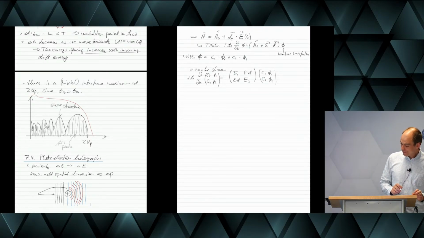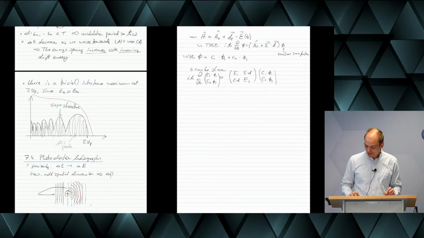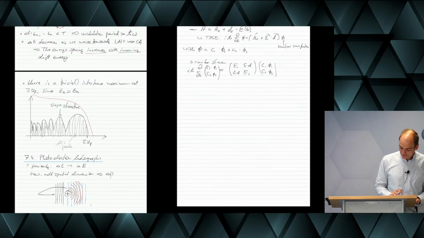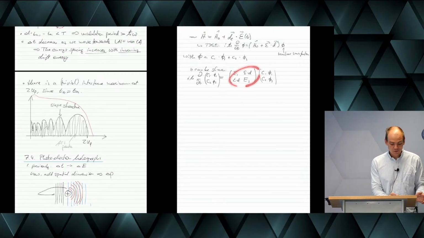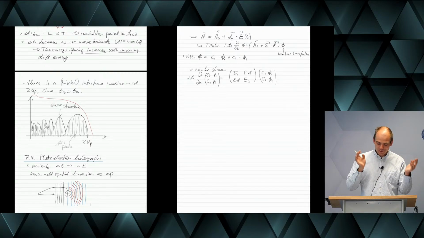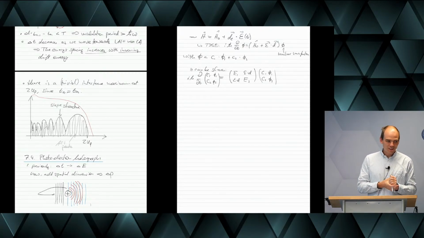Now, an interesting thing that you can do is, you have here a 2x2 matrix, and any 2x2 matrix can be diagonalized. In various fields of physics, people diagonalize matrices, and then this has some meaning.